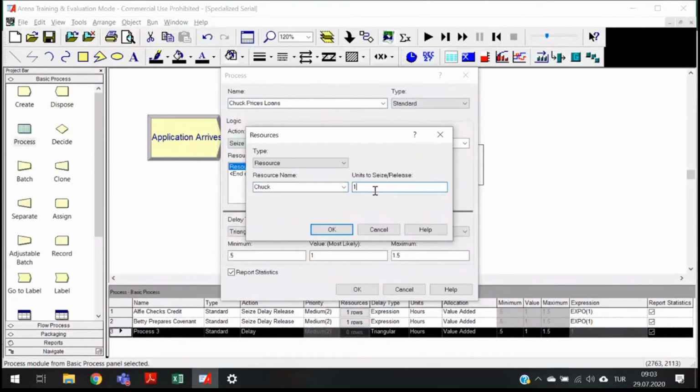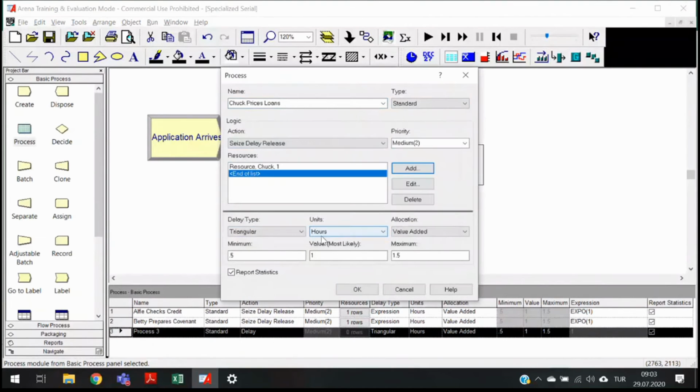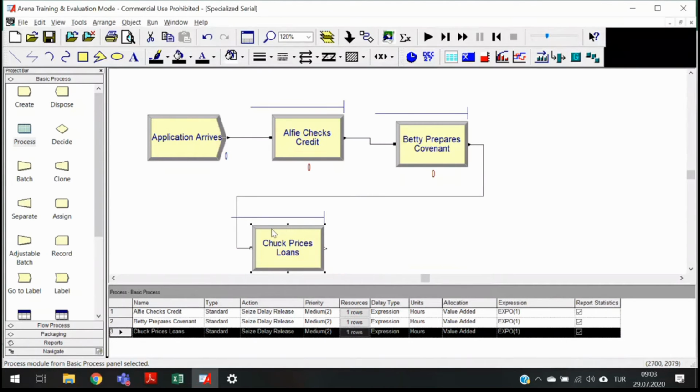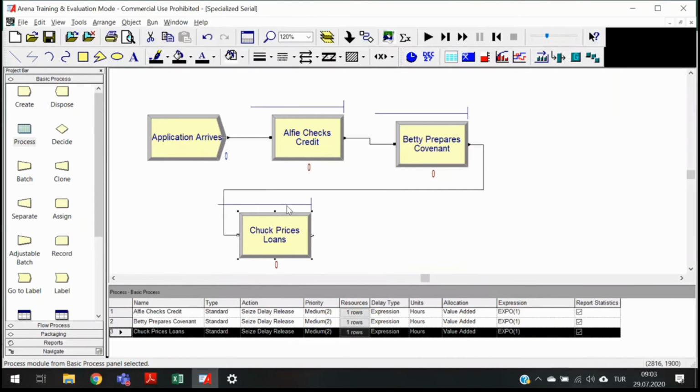In this process, again, one Chuck will be seized by each entity, and the delay type is exponential again with an average of 1 hour. And you see there is another queue here about Chuck, about the loan pricing process.